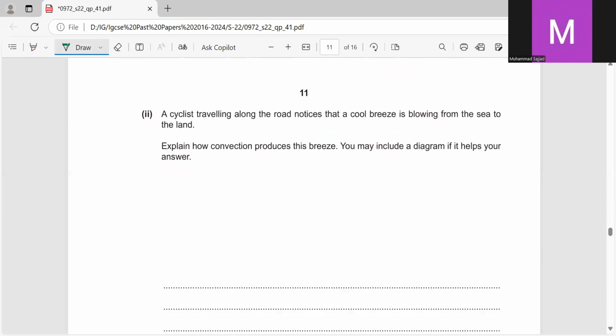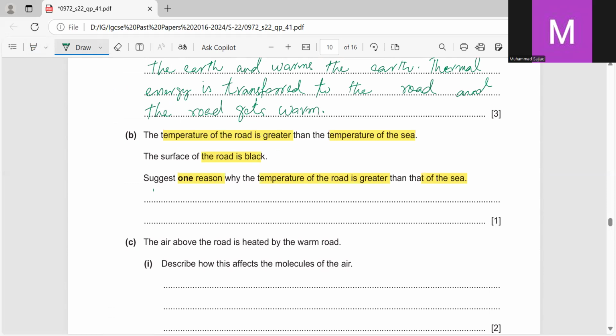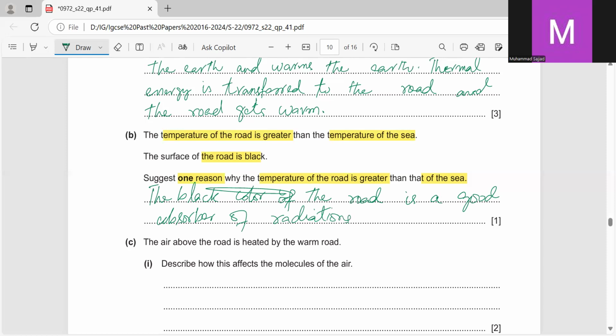We will say the black color of the road is a good absorber, or even you can say better absorber of radiations, better absorber of radiations. So one mark, that is enough.